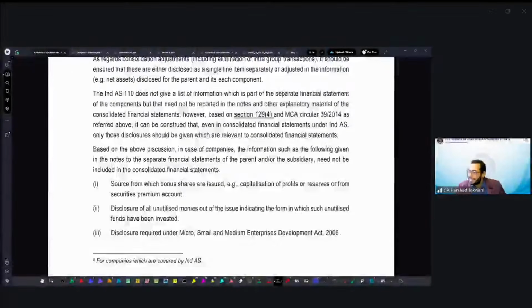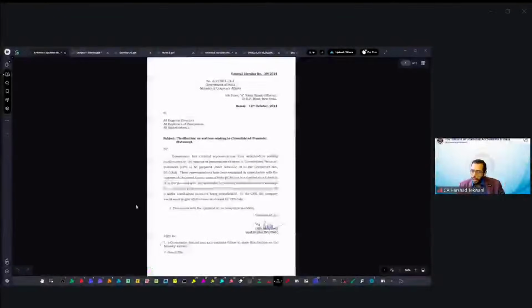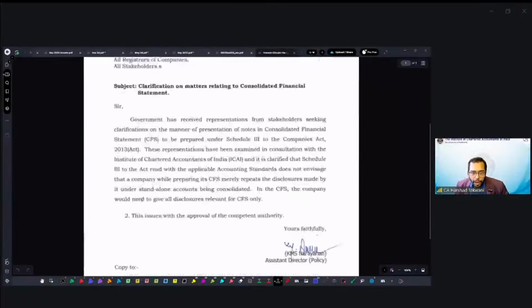It basically says that if anything has already been specified in the standalone financial statement, do not disclose it again and again. You can avoid disclosing it if it is not relevant from the consolidated financial statement purpose. Just for the purpose of repeating the disclosure, you should not do that. This is the particular circular I'm talking about.